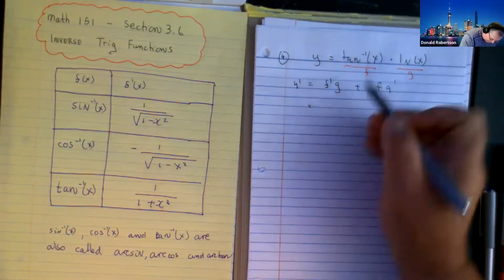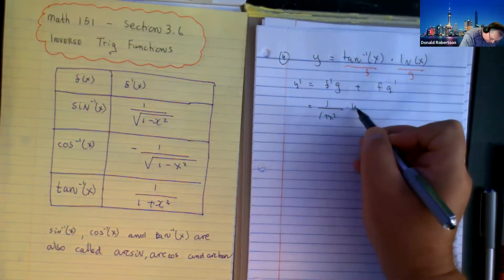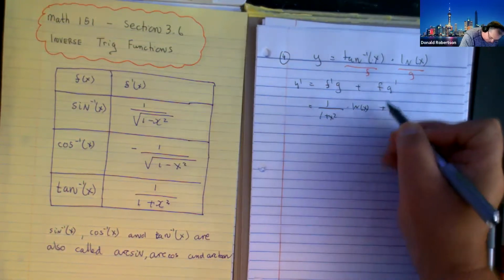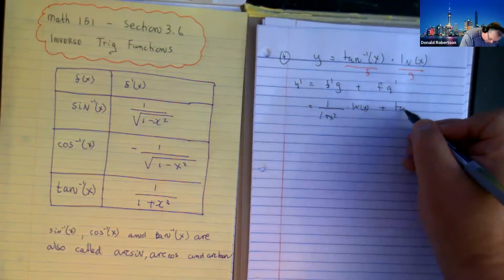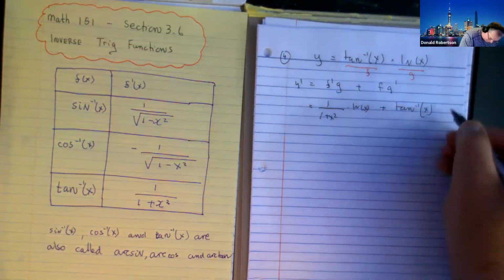Right, if you differentiate an inverse tan, you get this guy. And you leave the other guy alone. And then you leave this guy alone. And you differentiate that.